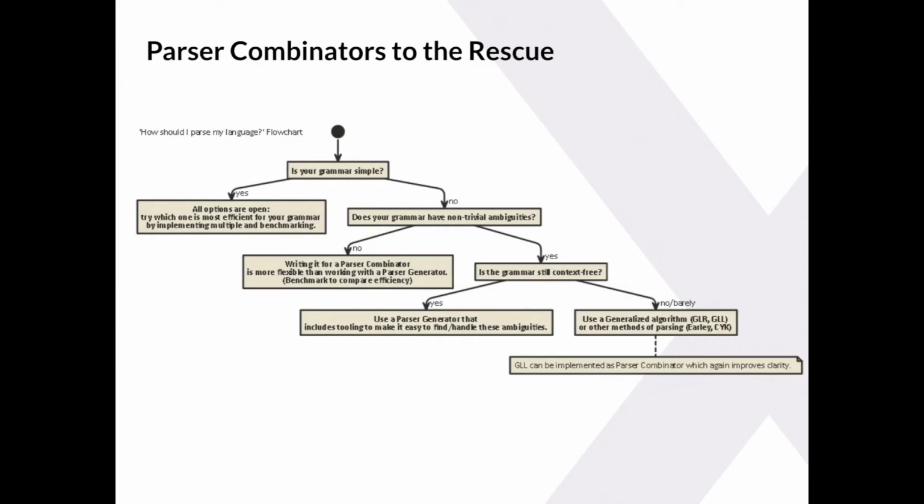Well, if you have a parser, then this kind of decision tree helps you to end up with the right solution. For instance, is your grammar simple? There's yes, it's simple. All options are possible. Is your grammar not simple? I think our grammar is not very simple.